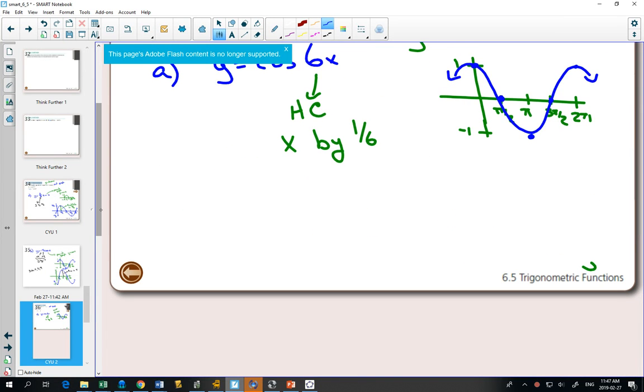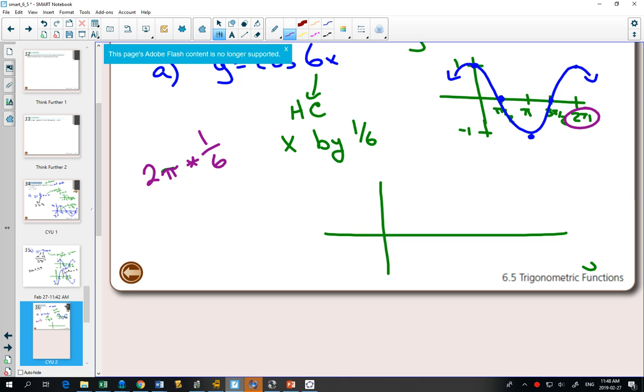How are we going to graph this quickly? Well, we're going to take our regular value of 2 pi and say, what happens if I multiplied my period, which was 2 pi, by 1/6? Oh, that's an x. 2 pi multiplied by 1/6 is equal to 2 pi over 6, or, if I wanted to reduce it, pi over 3.